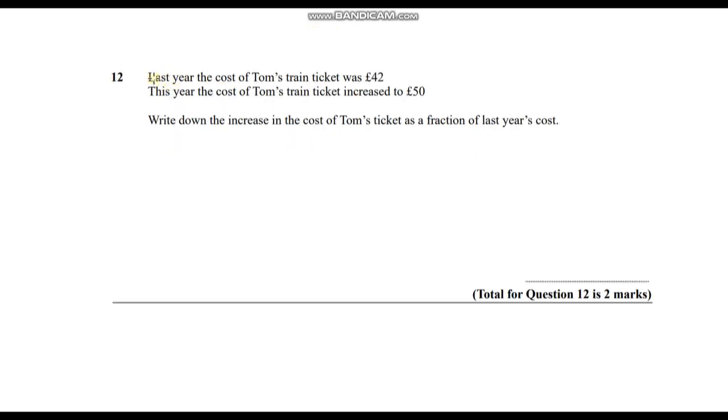Question 12. Last year, the cost of Tom's train ticket was £42. This year, the cost of Tom's train ticket increased to £50. Write down the increase in the cost of Tom's ticket as a fraction of last year's cost. Okay, so first of all, what is the increase? Well, it's gone from 42 to 50.